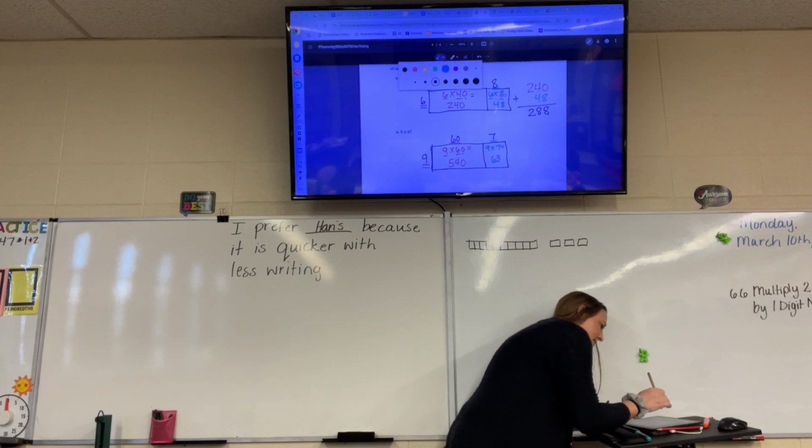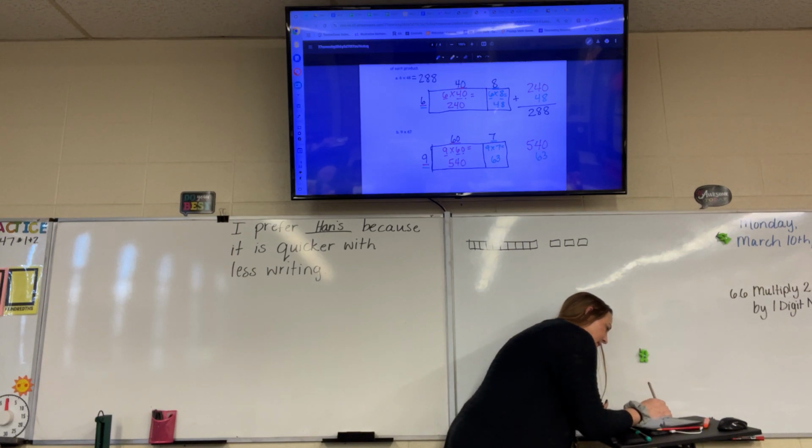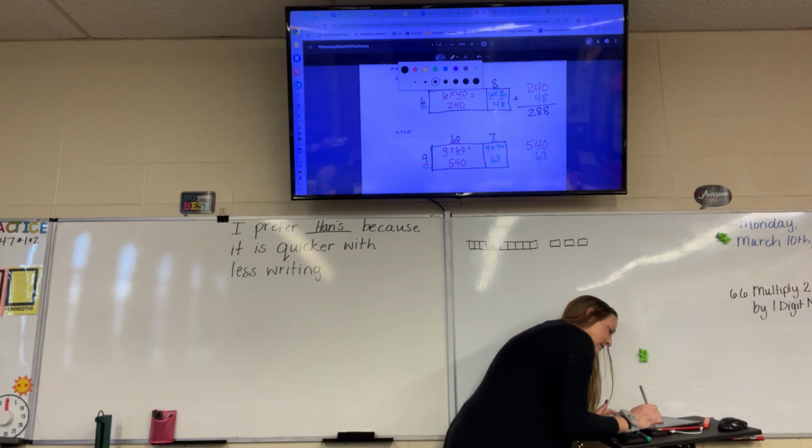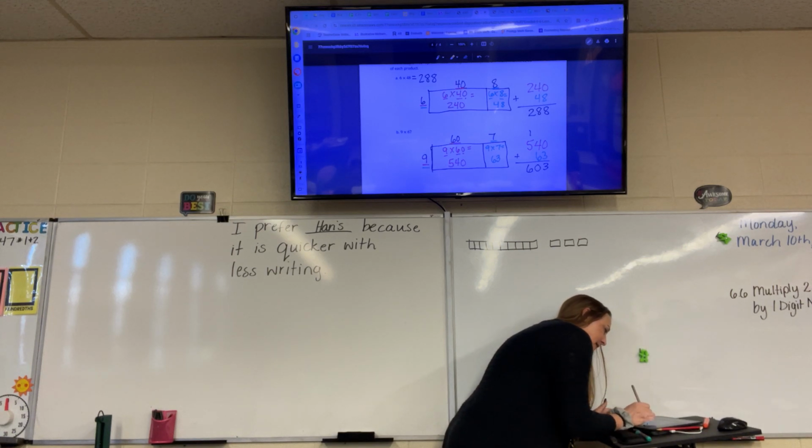And then my last step is to stack them and add them. 540 and 63. When I add those together, 0 plus 3, 6 plus 4. Down the 0, carry the 1, 5 plus 1. 6. So the answer is 603.